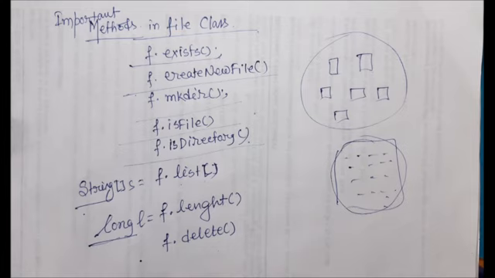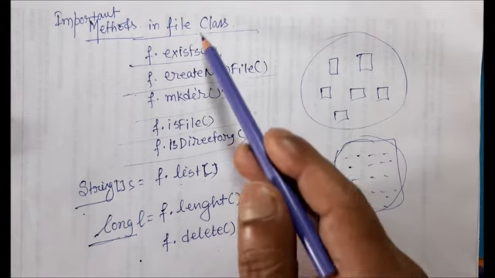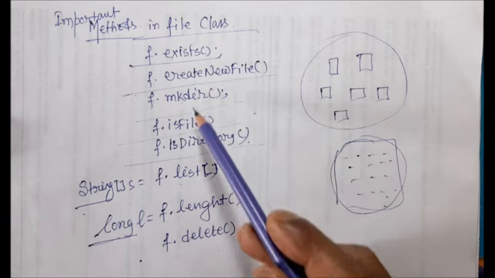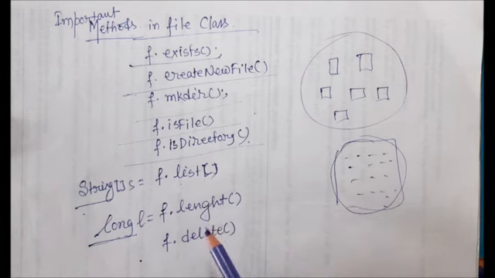We have two constructors: one to create a file directly by just passing the name as a string, and if I want to create a file in a subdirectory, we have another constructor. So in the File class we have two constructors, and how many methods do we have? 1 2 3 4 5 6 7 8.